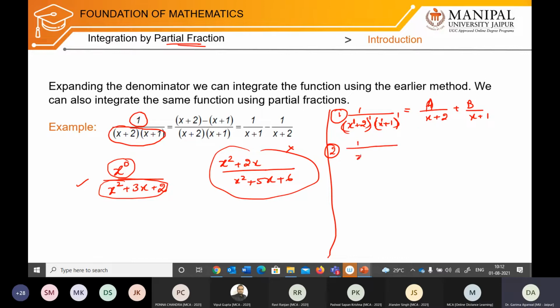Let's say we have the term x plus 2 whole square and x plus 1. That means the power of x plus 2 is 2, so we write it as a upon x plus 2, b upon x plus 2 whole square, and c upon x plus 1, right?